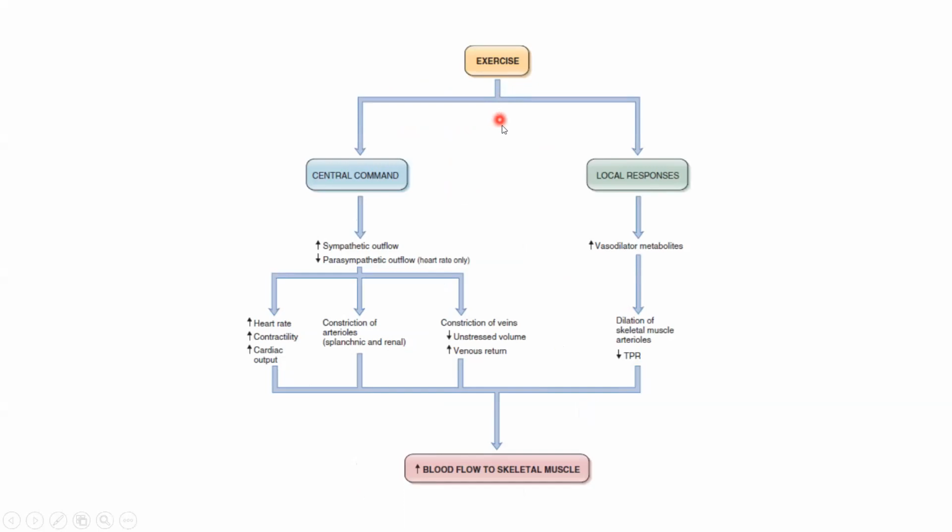Then this is something that we will touch upon later formally in another lecture. I'll be referring to this slide when I discuss that formally under cardiovascular changes in exercise.